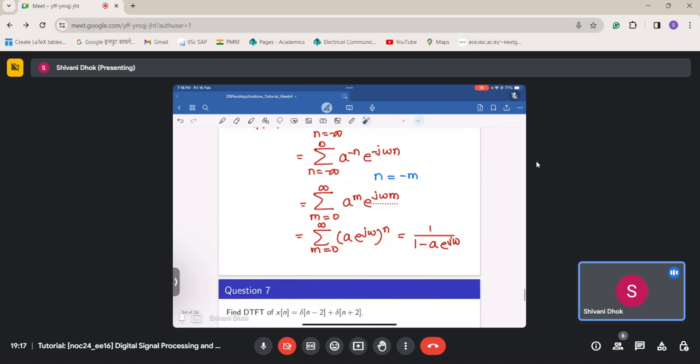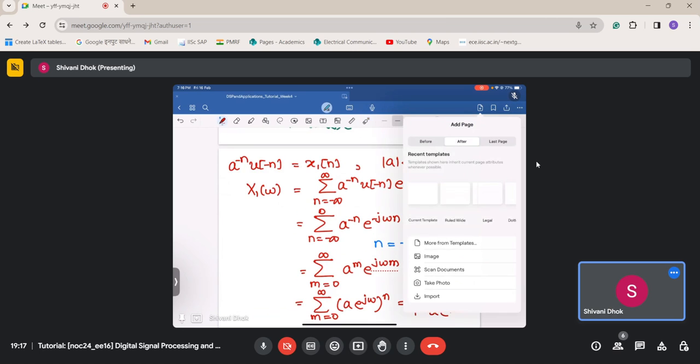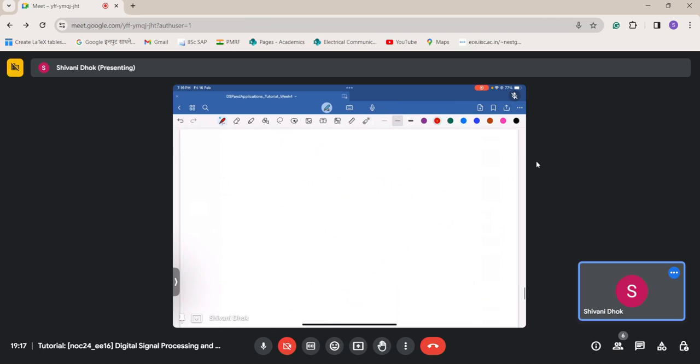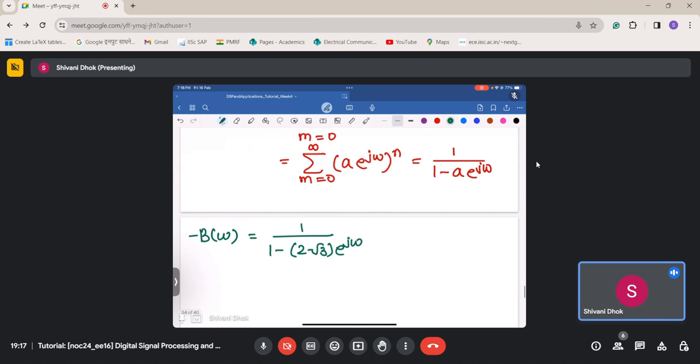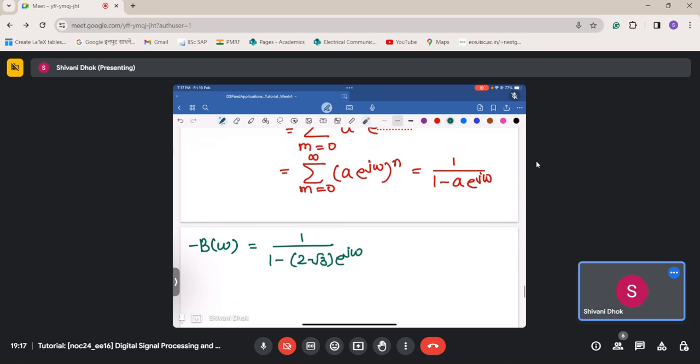So what do we have is minus b of omega is equal to 1 upon 1 minus 2 minus root 3 into e power j omega, and if we compare this and this, then here a is equal to 2 minus root 3 and magnitude of a is less than 1.